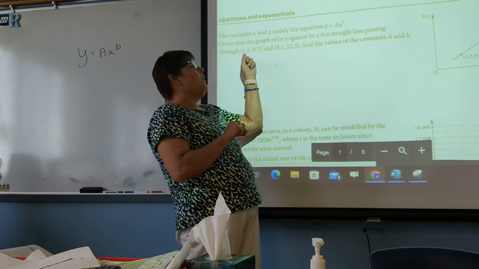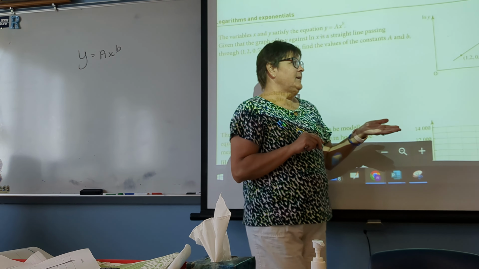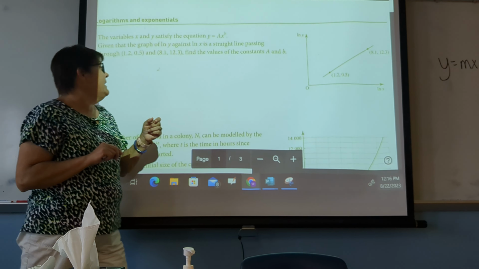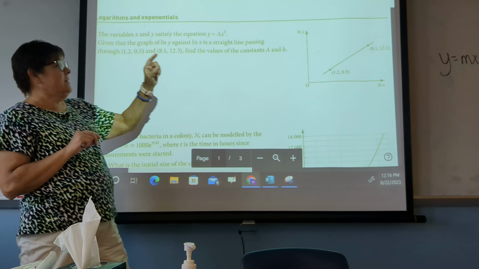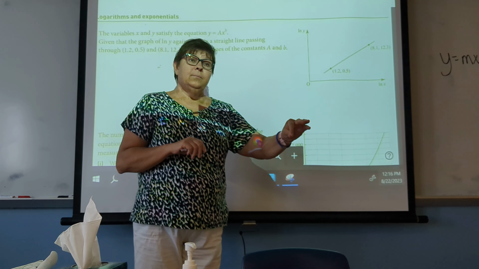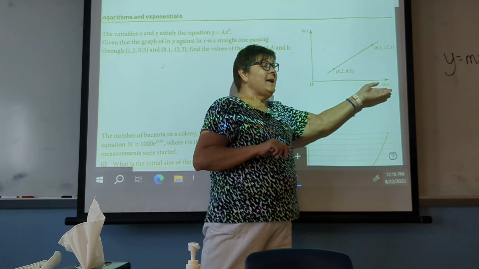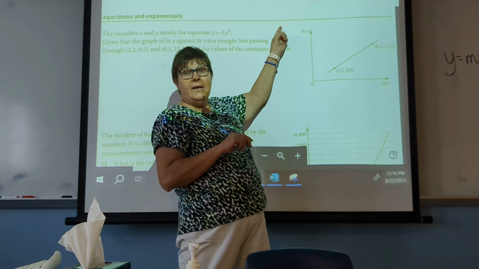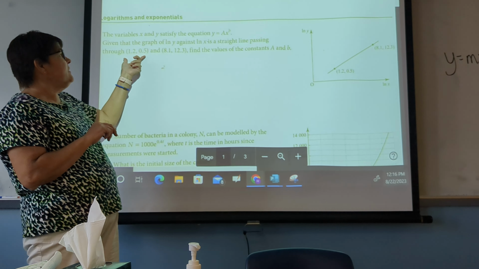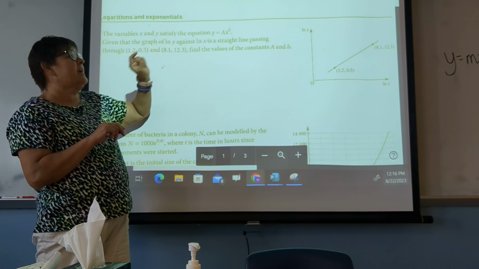So the 1.2 is representing ln of x, and the 0.5 is representing ln of y. Every problem may differ. You might have plain old x with an ln of y. You might have ln of x with a plain y. Be cognizant of that. Pay attention. So these are like x and y, but in this particular case, it's ln of x and ln of y.